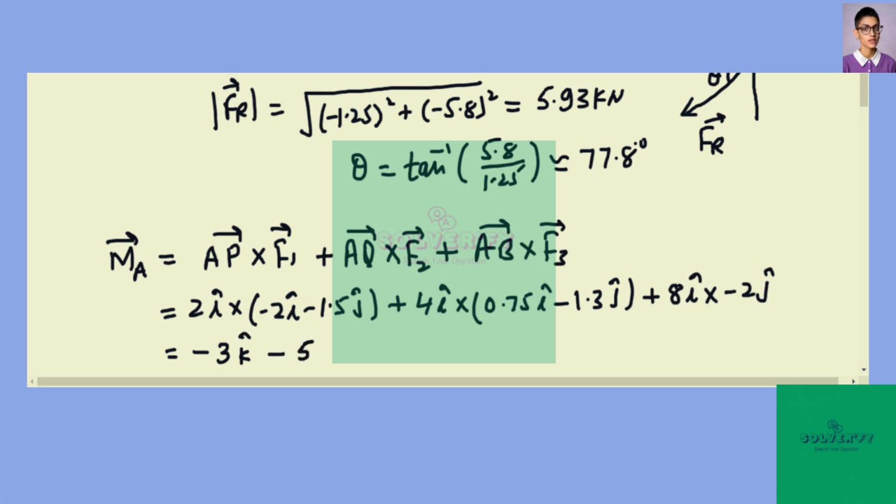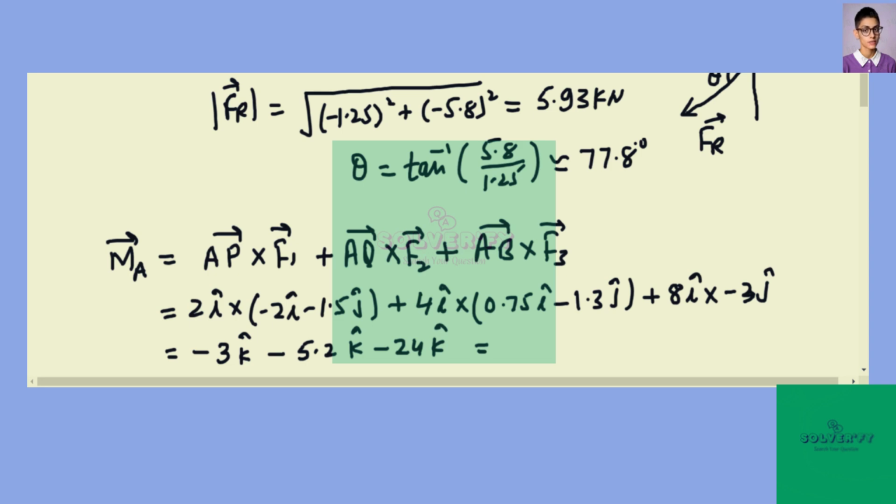minus 5.2 k cap minus 24. I have to do the correction here. The force is 3 kilonewton, so I am making the correction here. This is 3. So minus 24 k cap.